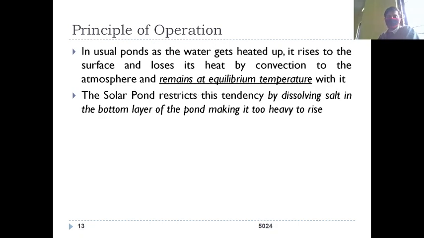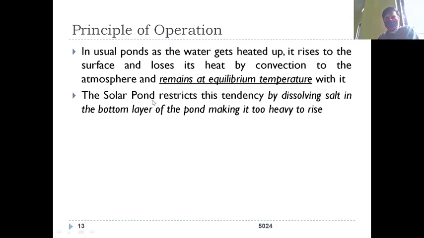In usual ponds, as the water gets heated up, it rises to the surface and loses its heat by convection to the atmosphere, and it remains at equilibrium temperature with the atmosphere. So the top layer of water in a usual pond attains thermal equilibrium with the atmosphere, and it cannot store any thermal energy received from solar radiation.